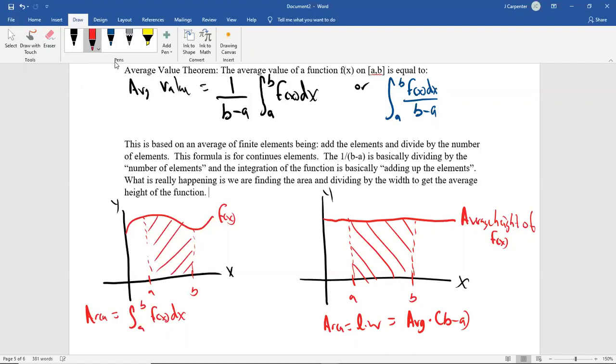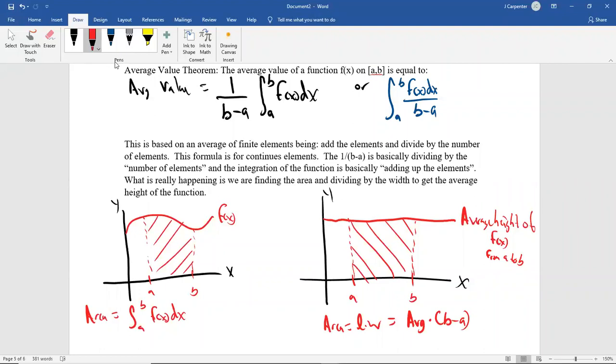Now in these two pictures, if you take this function and you twist it to just a flat line that is literally the average of the function from a to b, and I should say from a to b here.